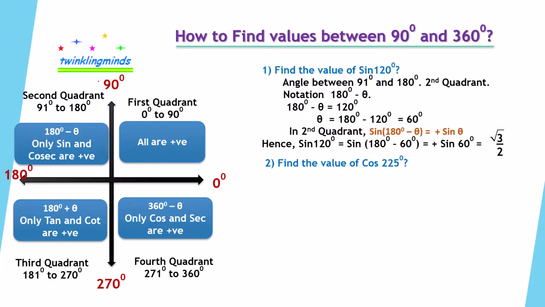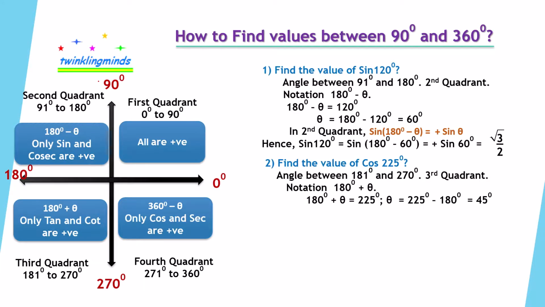So first we need to find the value of theta. With 180 degrees plus theta notation, the theta value will be 45 degrees, and cos 180 plus theta is minus cos theta.